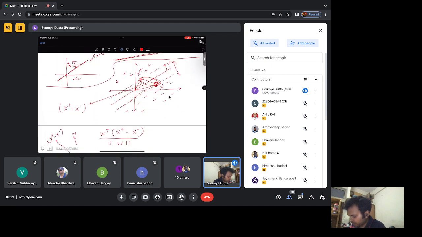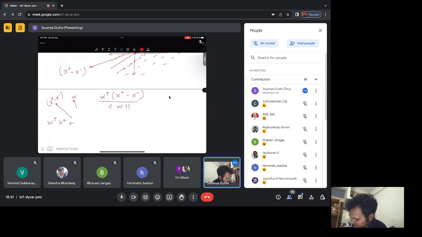So if you know the support vectors, that means you know that W transpose x plus plus B equals 1 and W transpose x minus plus B equals minus 1. You already know this by means of your assumptions.